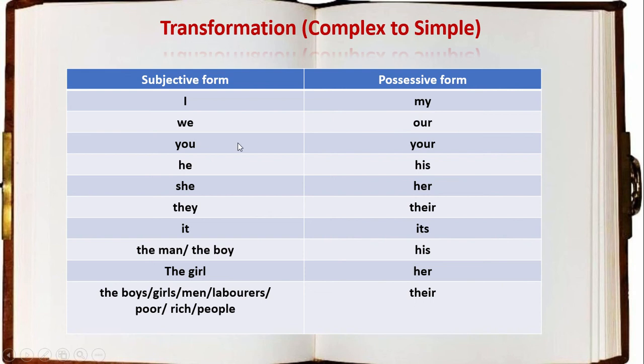We, our; you, your; he, his; she, her; they, their; it, its; the man or the boy, his; the woman or the girl, her; the boys, the girls, the men, the laborers, the poor, the rich, people, etc.'s possessive form is there.